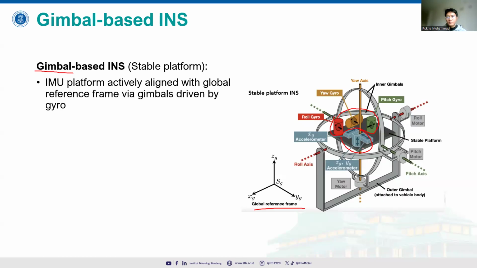But of course, it has limitations because it's a mechanical part. It might have limitations later on if the parts wear out, or if the gimbal aligns to one axis, it might present the gimbal lock problem.